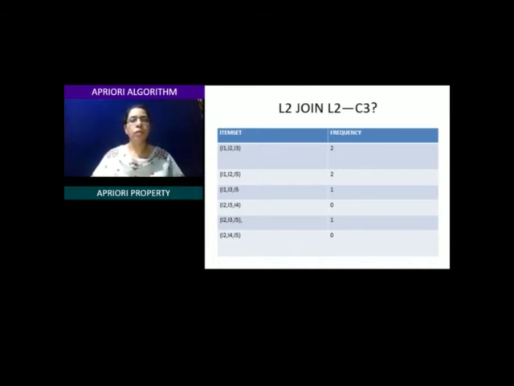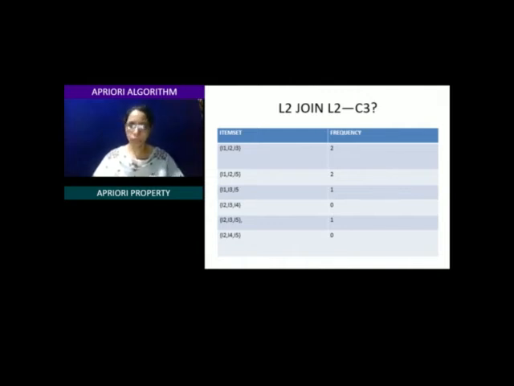Actually, if we include all these item sets in C3, in the next phase some of them will be removed anyway, and L3 will contain only 2 item sets. But when we apply the a priori property, some of the item sets are removed from C3 itself. After the join operation, we get 6 item sets, but not all of them are included in C3. We are removing some by pruning. This pruning is made possible by the a priori property.